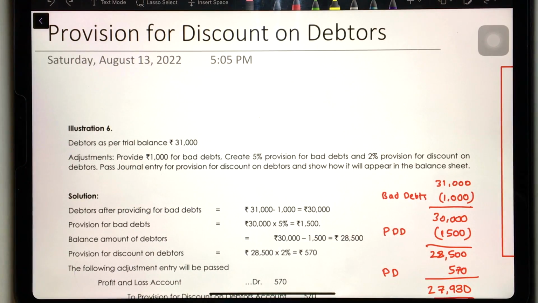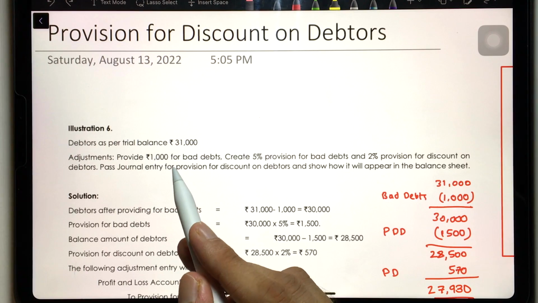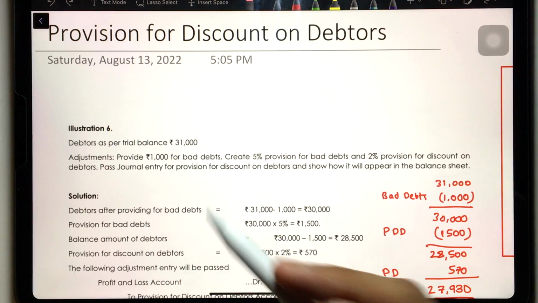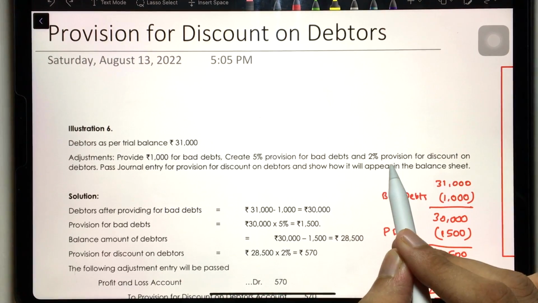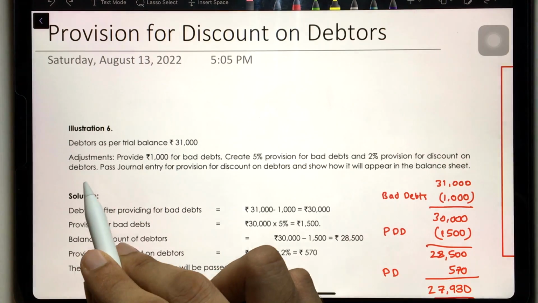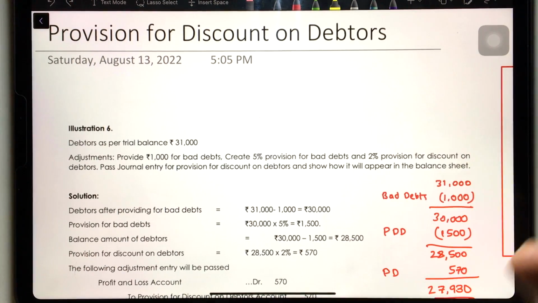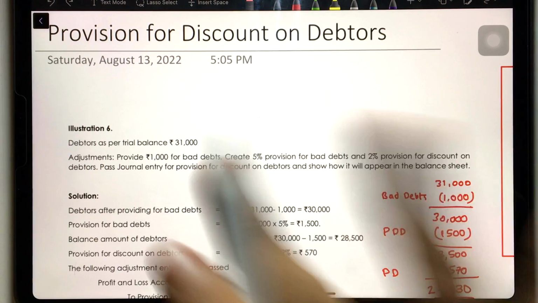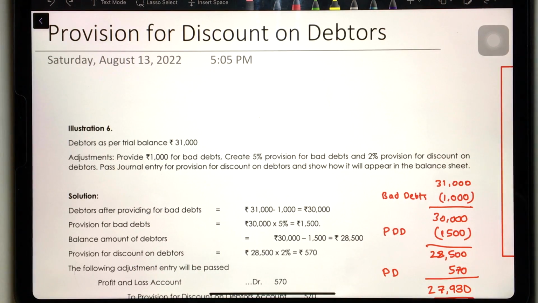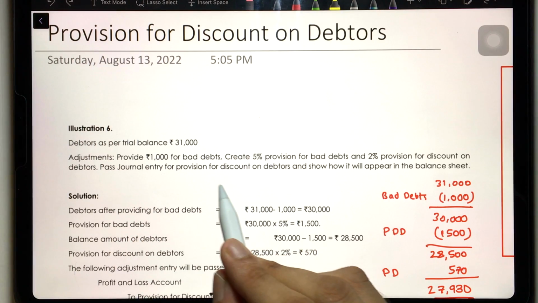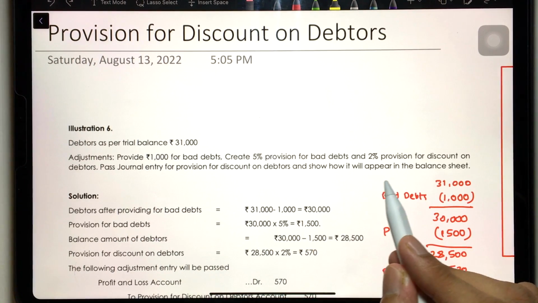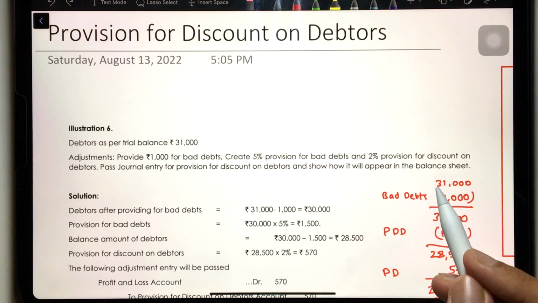Nothing is done regarding that further bad debts. Create 5% provision for bad debts and 2% provision for discount on debtors. So you have to create both provisions, for doubtful debts and for discount. What's the requirement of the question? Pass journal entry for provision for discount on debtors and show how it will appear in the balance sheet. We'll do everything and see.